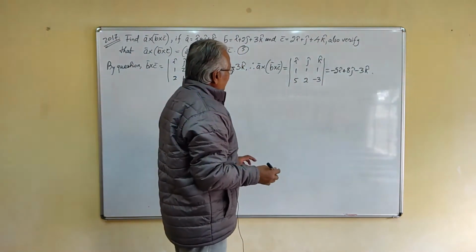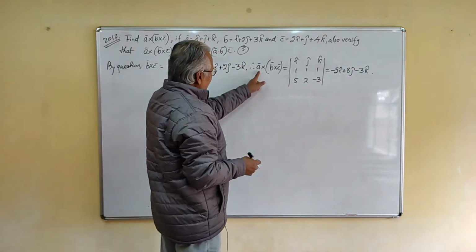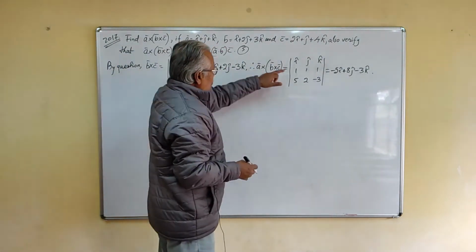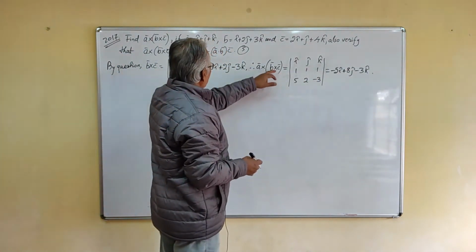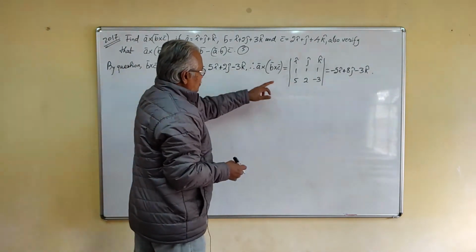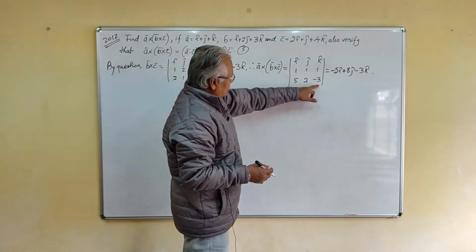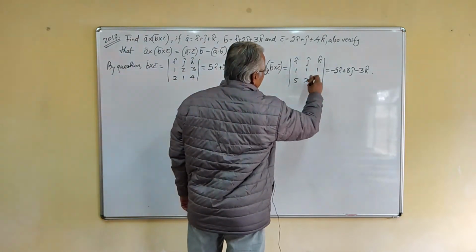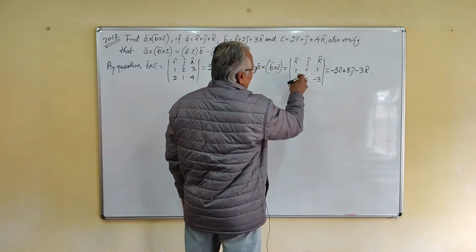All right. So the coefficients of A are 1, 1, 1 you have written. B cross C is this one, so 5, 2, minus 3 you have written in the third row. Then I times minus 3 minus 2 is minus 5I.